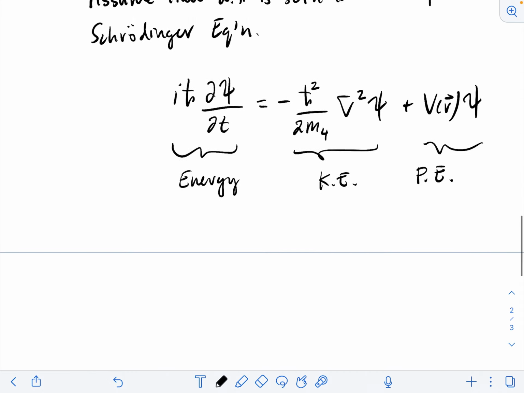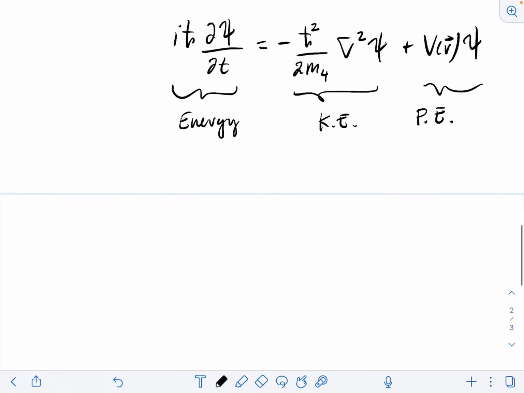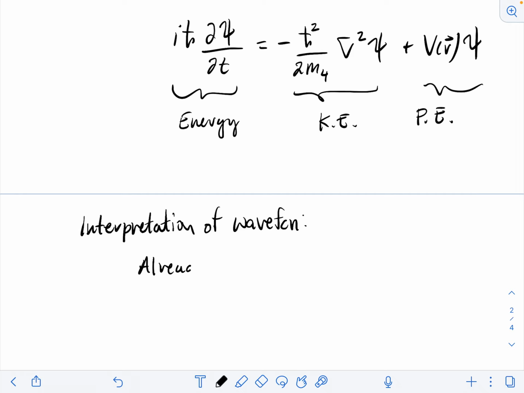Okay, so before we get too much into the calculation, let's see if we can come up with some interpretation of the different parts of the wave function. So, interpretation of the wave function. Well, we've already seen what the phase represents.